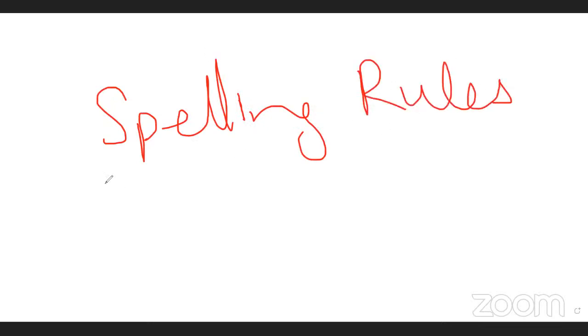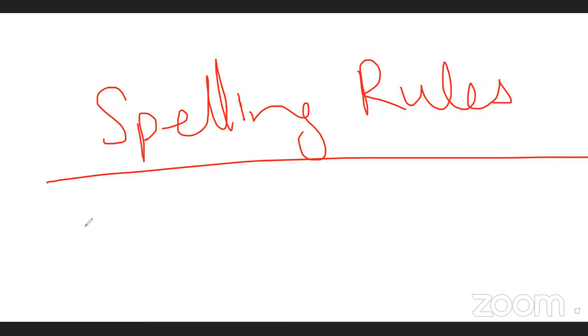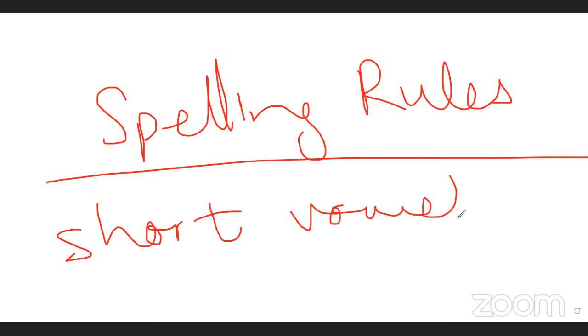But before I start teaching you spelling rules today, I have been reading the comments of many of you, and you were saying that some of you don't even know about short and long sounds of vowels, right? What are short vowel sounds? What are long vowel sounds? What are syllables?